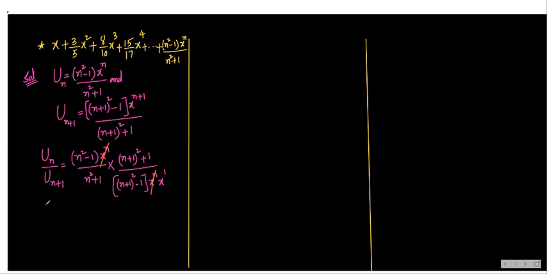The terms which are left now, we have to simplify, taking the n square terms out. So un by un plus 1 is equal to: taking n square common, it becomes 1 minus 1 by n square, and in the denominator also n square common, 1 plus 1 by n square.